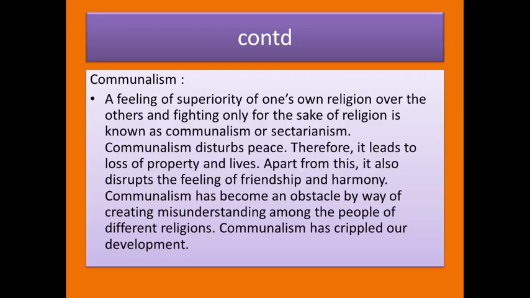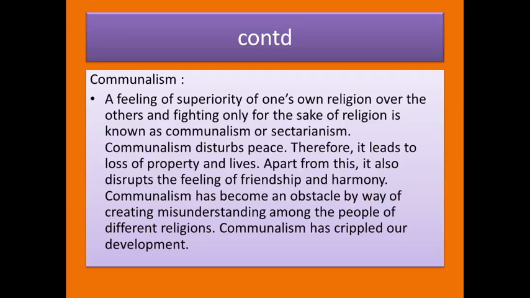Therefore, it leads to loss of property and lives. Apart from this, it also disturbs the feeling of friendship and harmony. Communalism has become an obstacle by creating misunderstanding among the people of different religions. Communalism has crippled our development.